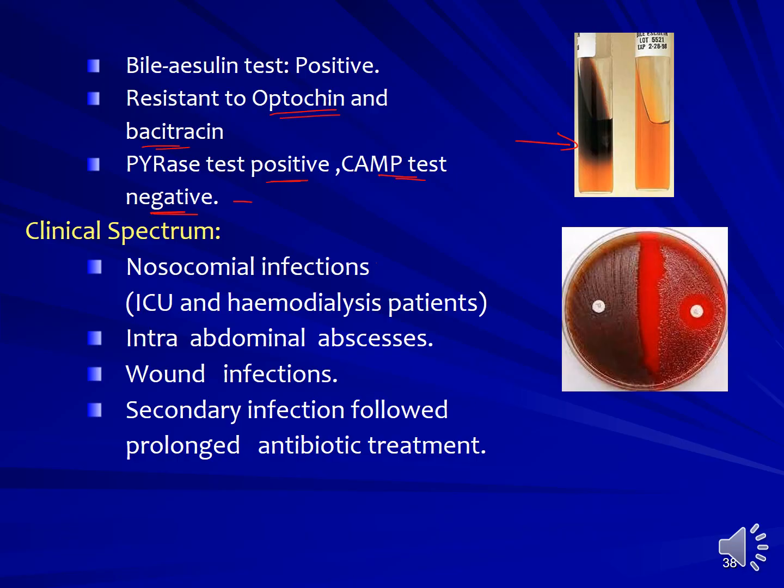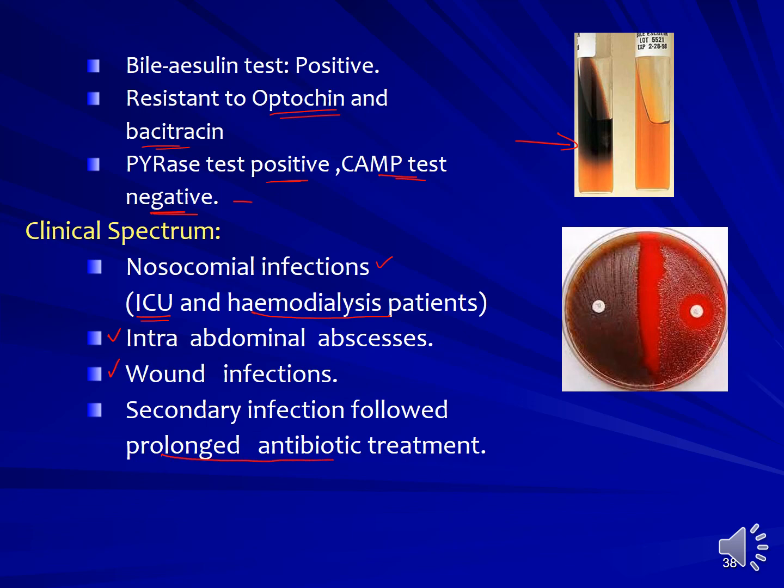The spectrum of clinical manifestations produced by enterococci includes nosocomial infections, especially among ICU patients and people on hemodialysis. Intra-abdominal abscesses are produced, followed by post-operative cases, and wound infections are also possible, as well as secondary infections following prolonged antibiotic usage.